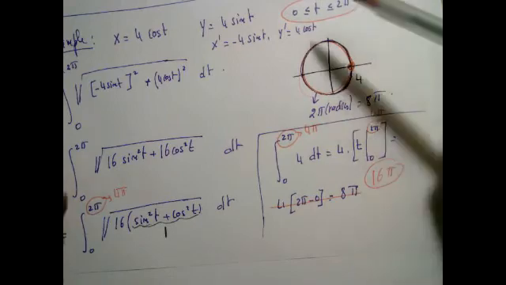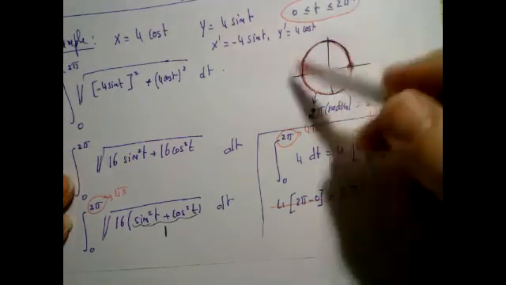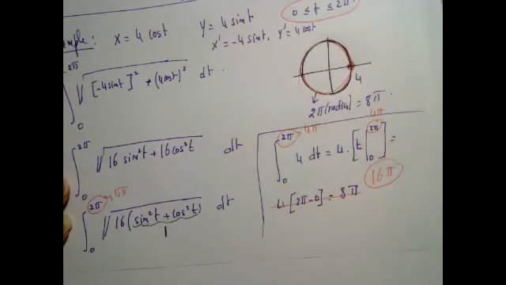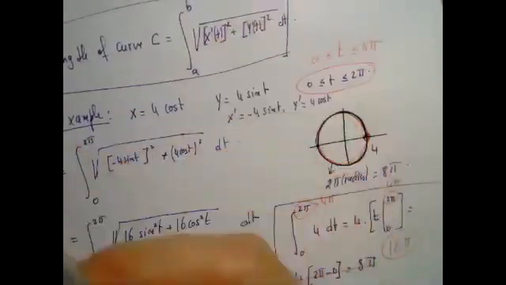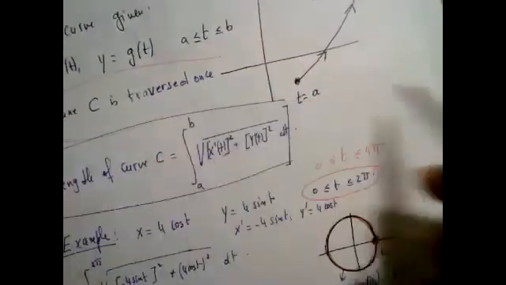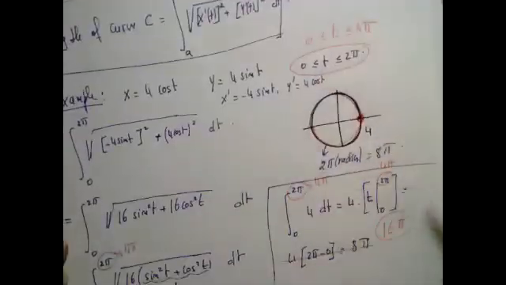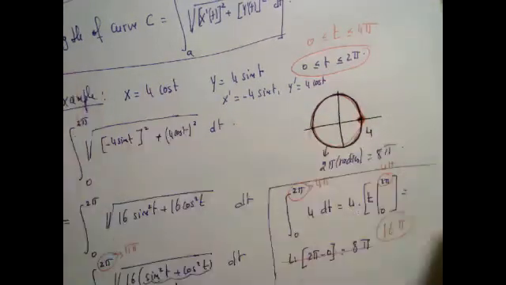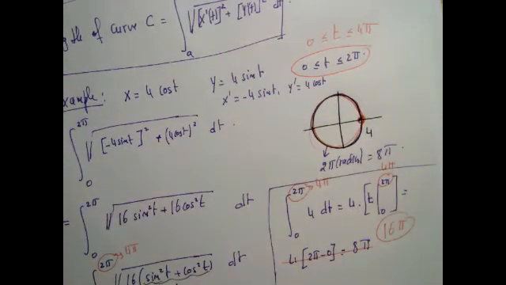If I go around it from 0 to 4 pi, I do not get the length of the circle. Actually, I get it twice because I went around it twice. That's why we give the formula only when we traverse once, otherwise we don't get the exact length, because what we want is the length. It means if we take this and we measure it, what's the length of it? Any questions before we move on?